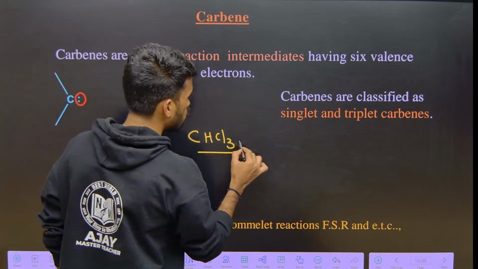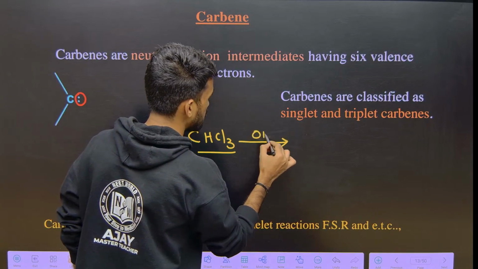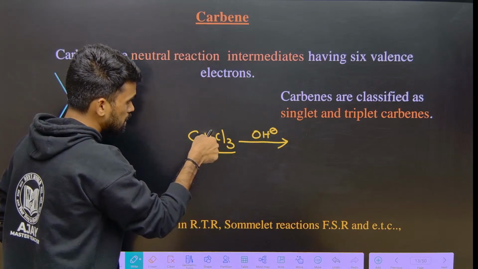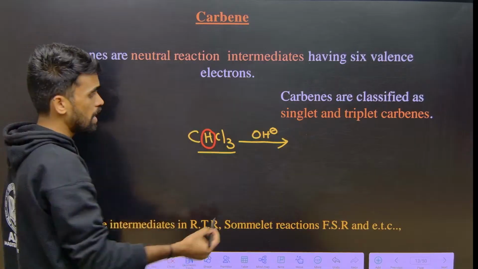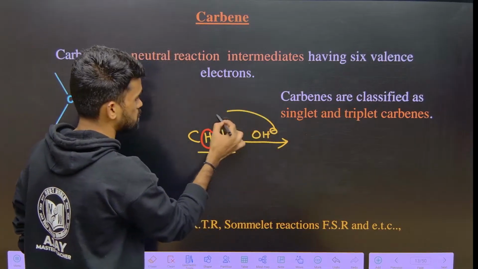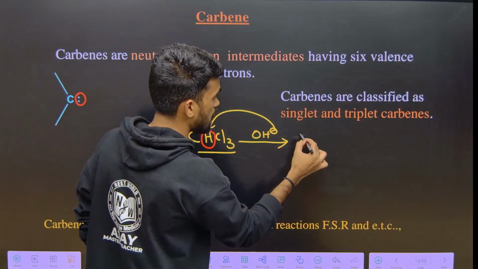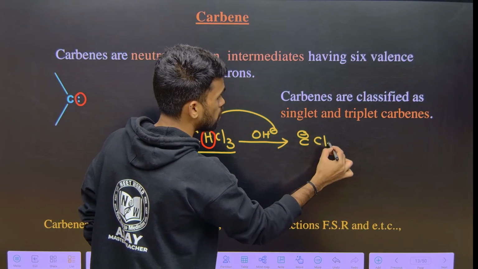When chloroform is treated with some base like OH minus, it will abstract this hydrogen as a proton, meaning only the H plus ion goes out. So carbon now has a negative charge with 3 chlorine atoms.